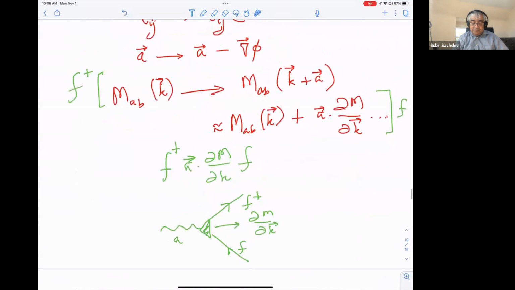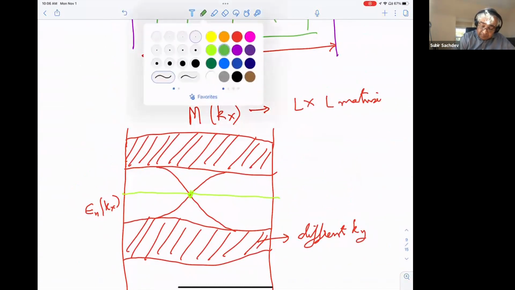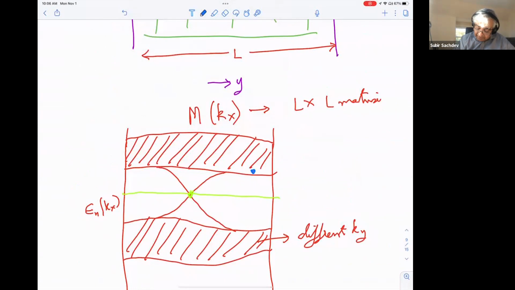Let's just look at this picture. We don't worry about these states. In the bulk, there are all these excitations here. There's an excitation above the gap, and these are the spinons. You can create an excitation here if that was unoccupied.